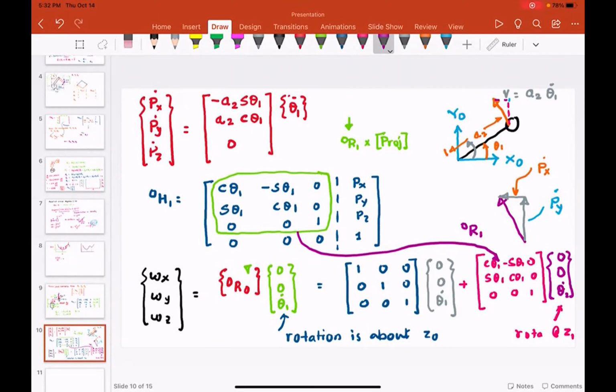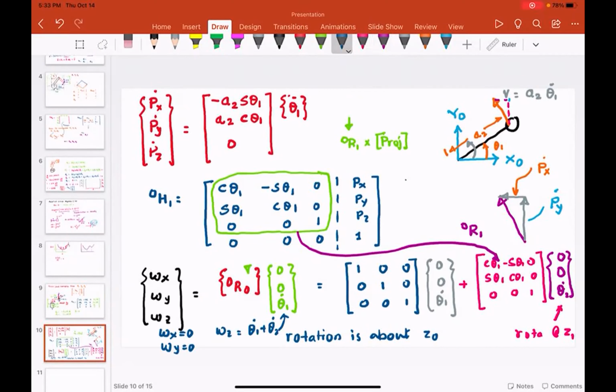Now, I was trying to take the shortcut earlier, but now please understand, when I expand all this, what do I get? Omega x is 0, omega y is 0, but omega z is theta 1 dot plus theta 2 dot. You agree with me?